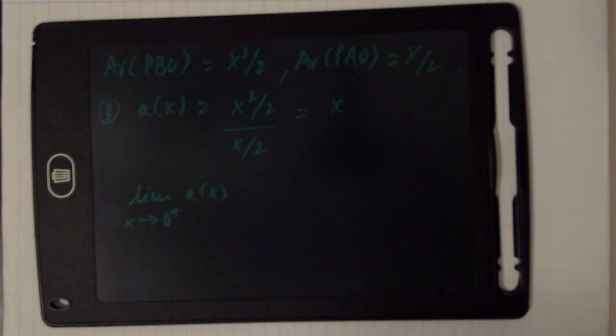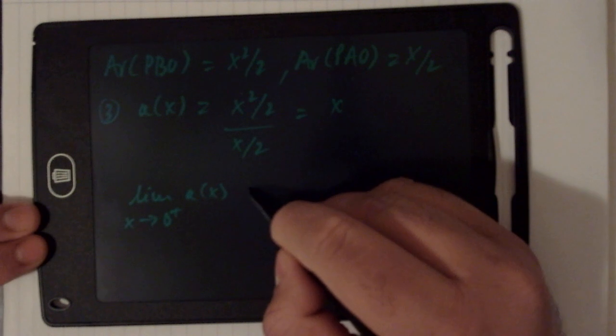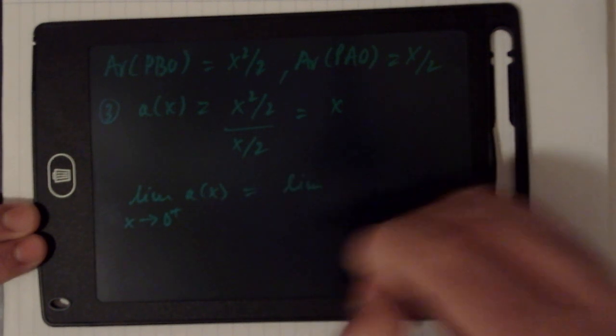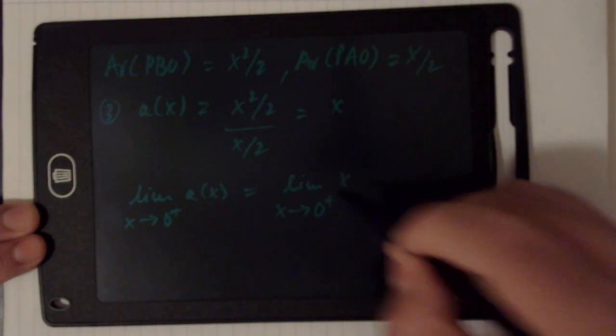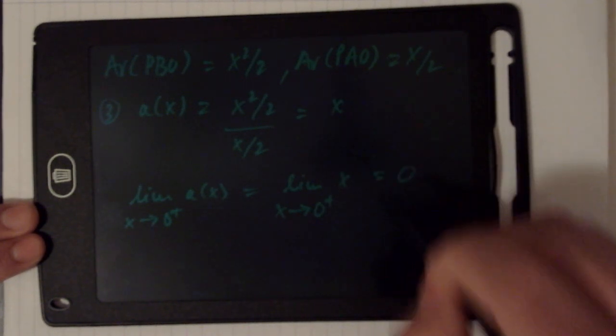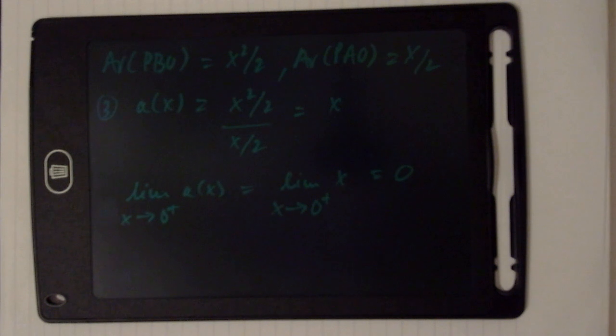So it's pretty straightforward because this just equals the limit as x goes to 0 from the positive direction of x, which is actually just 0, because you're going along the x-axis towards the origin from the positive x direction. 0 is exactly where you're going to end up. That's pretty much this question.